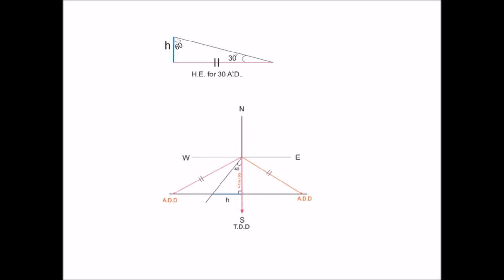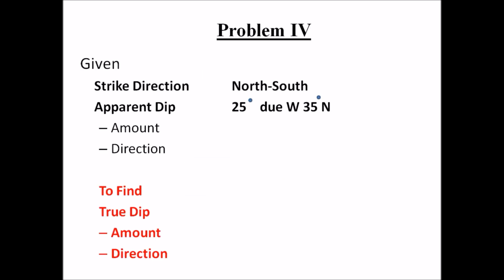So you know how to determine the apparent dip directions when the amount of apparent dip is given and the amount of true dip and the direction of true dip is given. Now there's another problem which we commonly do where the strike direction is given. So that is problem 4.